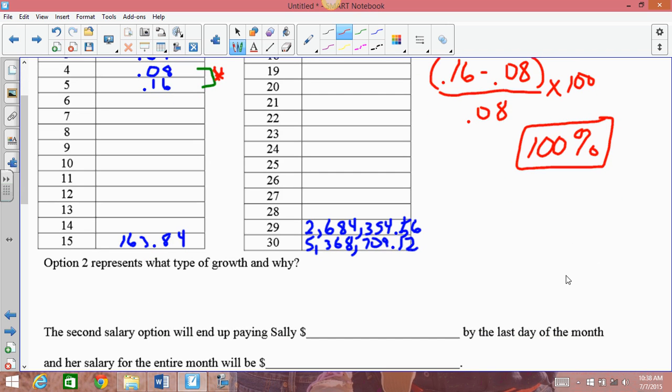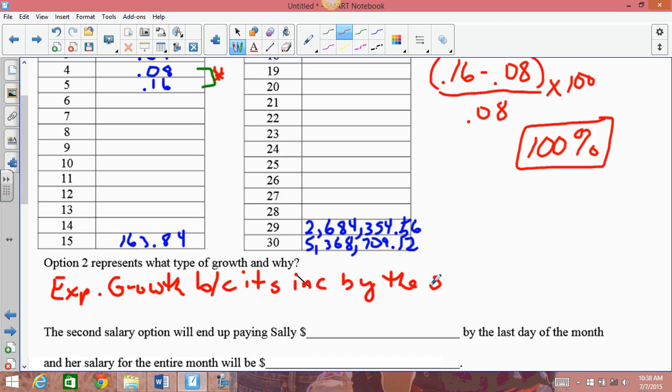So here we can say option 2 then is exponential growth, because it's increasing by the same percentage, 100% each day.